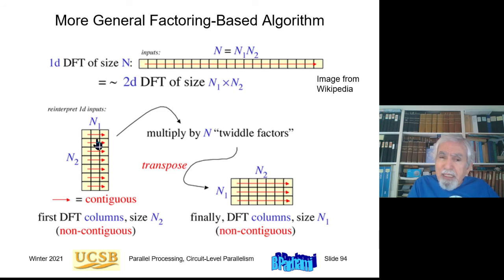Now, if this has two columns, so basically, let's call these x0, x1, x2, x3. This has only two columns. You have x0, x1, x2, x3, x4, x5. So these are the even index inputs. These are the odd index inputs. So you do DFTs on those two. And then when you transpose this, there will be two rows. So you do 2-point DFTs.